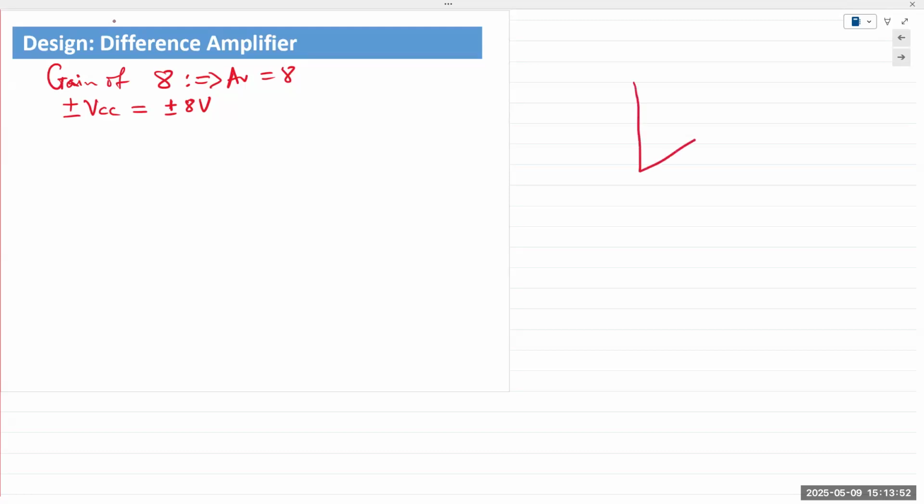So if we have this kind of amplifier, this is going to be plus 8 volts. This is going to be minus 8 volts. That's our V out, and minus and plus. So our job is to, of course, determine the value of the resistances.